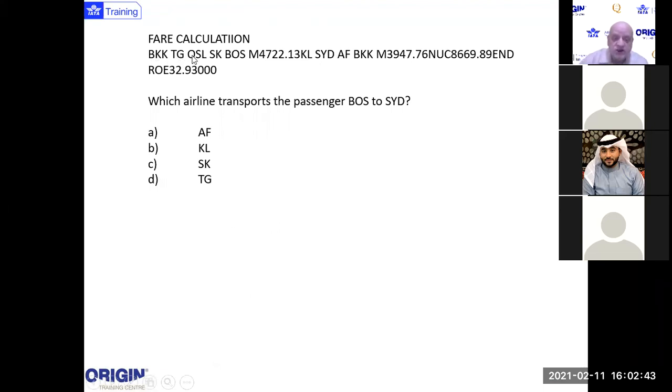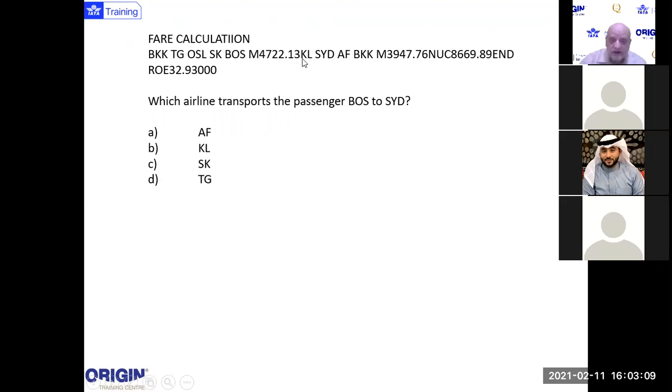Let's run through it. Bangkok TG to Oslo, Oslo SK to Boston, Boston, and where's the next code? Here, KL to Sydney. Because of the rule about letter number, no gaps, you can get a jumble of stuff mixed up here.